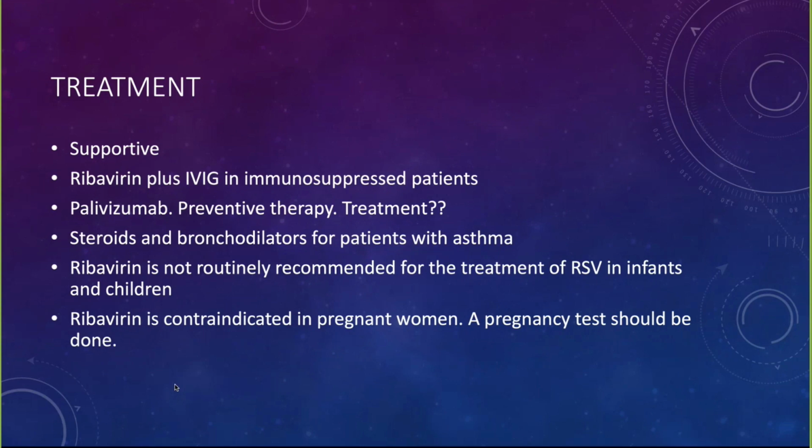The treatment in general for immunocompetent patients is supportive. There is a whole chapter for kids on the treatment of bronchiolitis. But in immunosuppressed patients, ribavirin and IVIG have been shown to be effective. And we use oral ribavirin as opposed to nebulized because it's very teratogenic, to protect the staff, so we use oral.